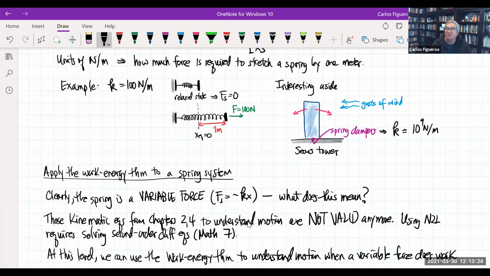We don't have to use differential equations. And that is freaking awesome. Okay? That is really awesome.